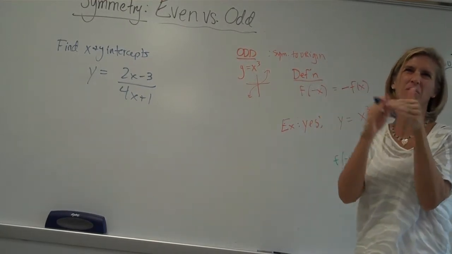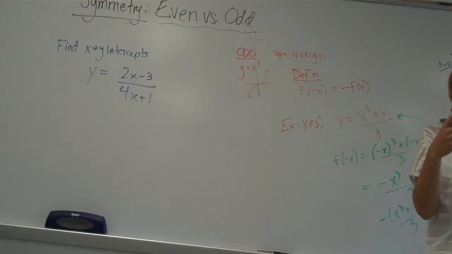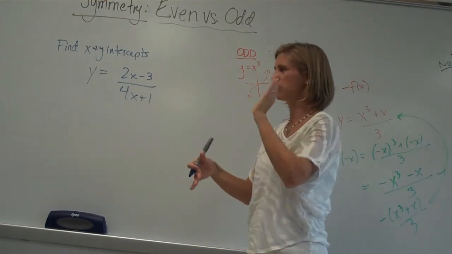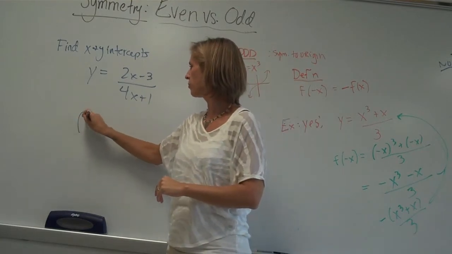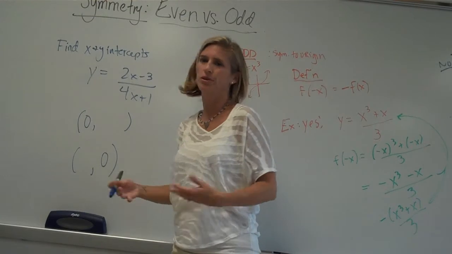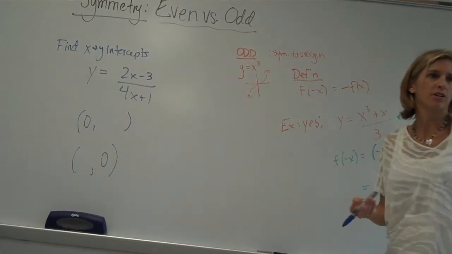Is that an x intercept or a y intercept? Obviously if I think about it long enough, I can figure it out. But I don't really care if you tell me which one's the x, which one's the y. We just want to know what happens when x is 0 and what happens when y is 0. What are the points that go with them? Because those are the intercepts.